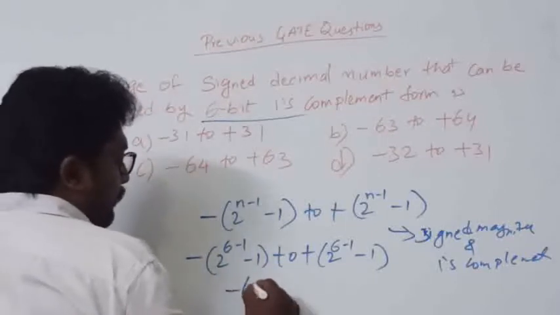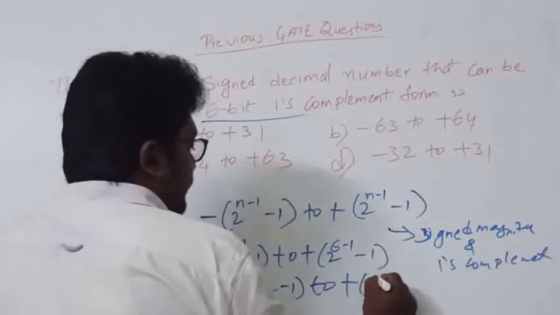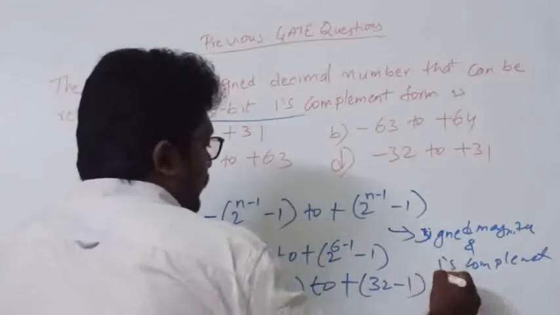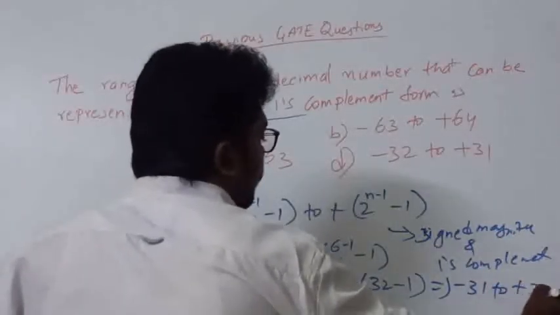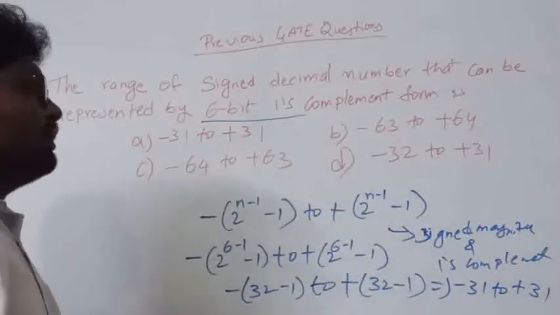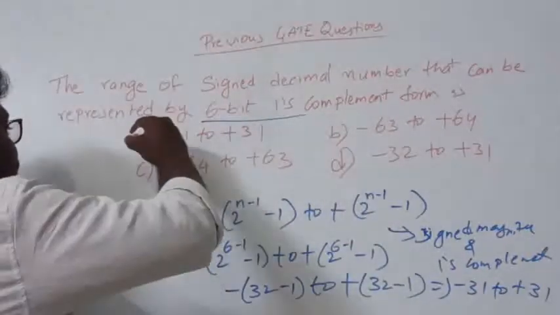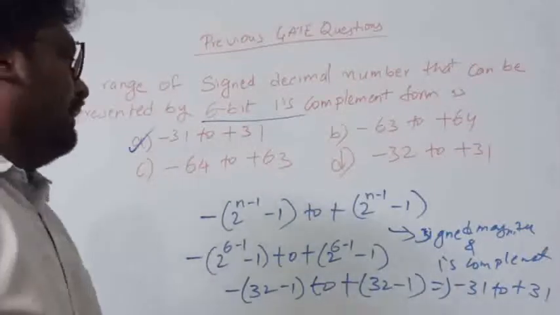So minus of 32 minus 1 to plus 32 minus 1. This implies minus 31 to plus 31 is the range for 6-bit 1's complement form. So the answer is option A, minus 31 to plus 31.